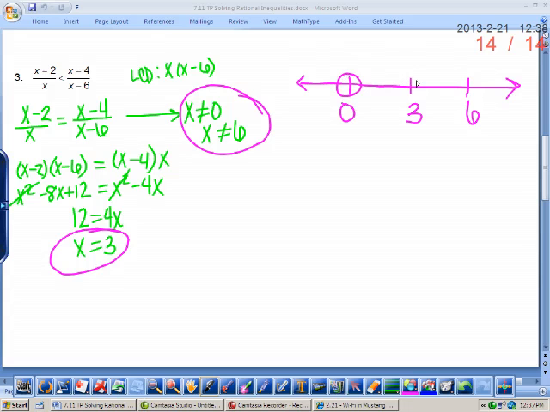At 3? Open. And at 6? Open. Questions on any of those, open versus closed? All right. These two rows, why don't y'all test the number less than 0? Okay. Y'all test the number between 0 and 3. Y'all test the number between 3 and 6. And y'all test the number greater than 6.